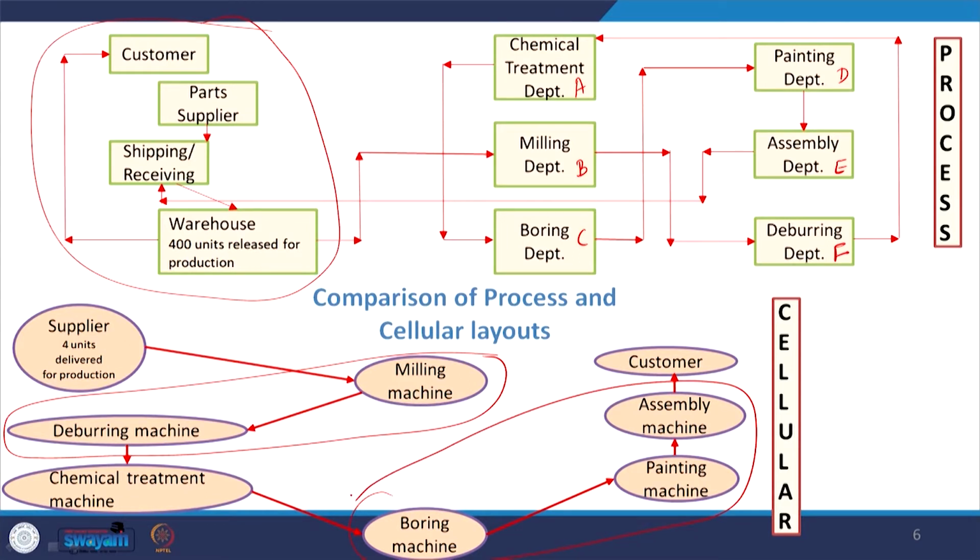So, you have divided the entire operation into different cells, and that will give you flexibility. Maybe in some case chemical treatment is not required. So, you can directly move from cell 1 to cell 3. In other case, if chemical treatment is required, you can go from cell 1 to cell 2 to cell 3.